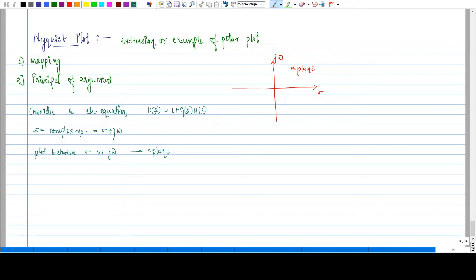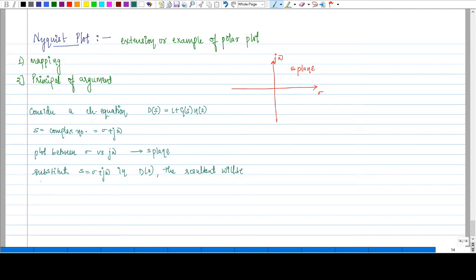Similarly, when we substitute S equal to sigma plus J omega in D of S and simplify the equation, the resultant will again be a complex number.